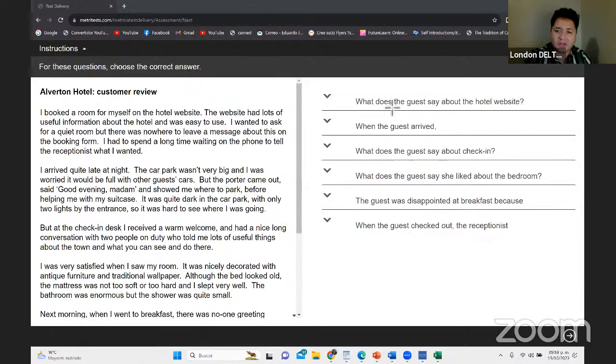Just check the question. The question has the keyword. What does the guest say about the hotel website? What is the keyword? The website. So in this whole question, the important word is not guest, is not hotel, it is the website.